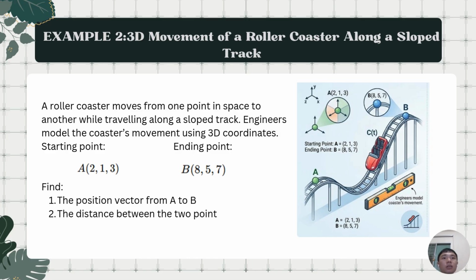And second, we need to find the distance between the two points, which is the magnitude of that vector. This problem shows how vectors can be used to model movement through three-dimensional space, which is very important in roller coaster design.